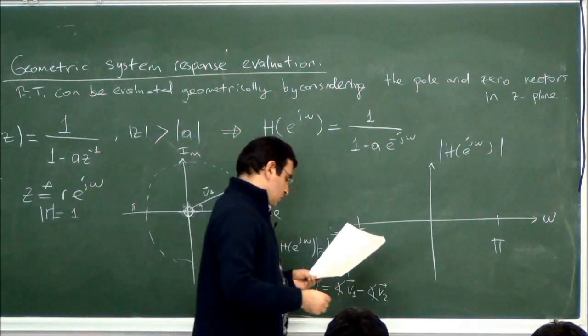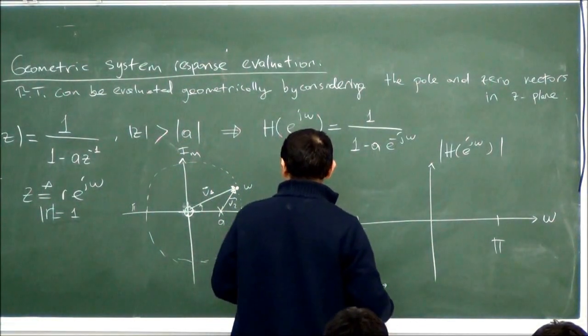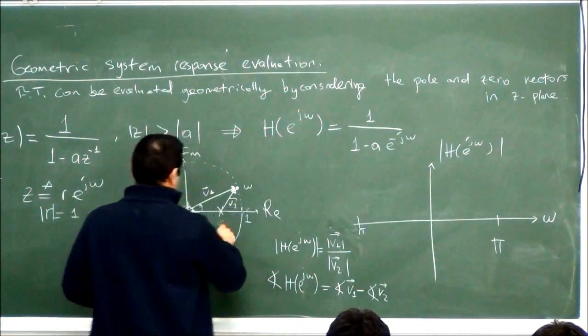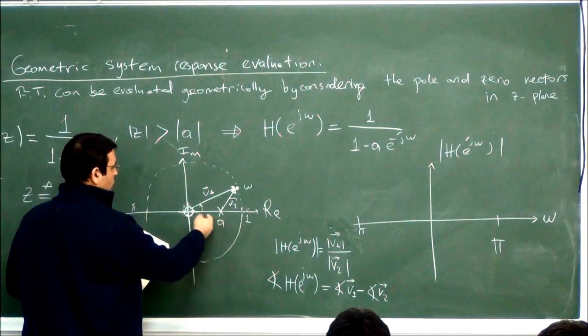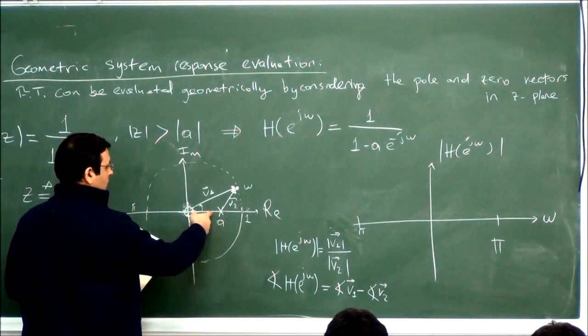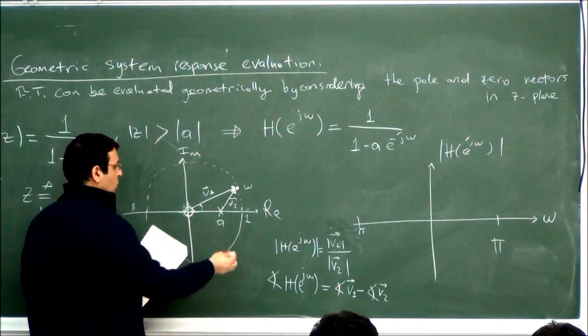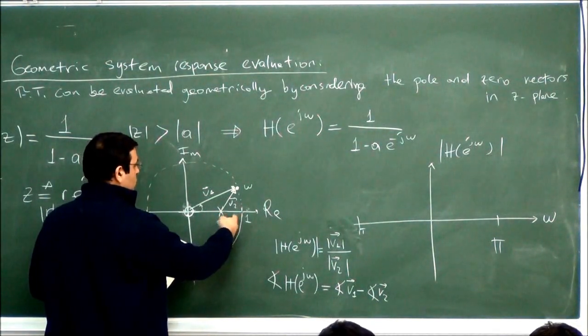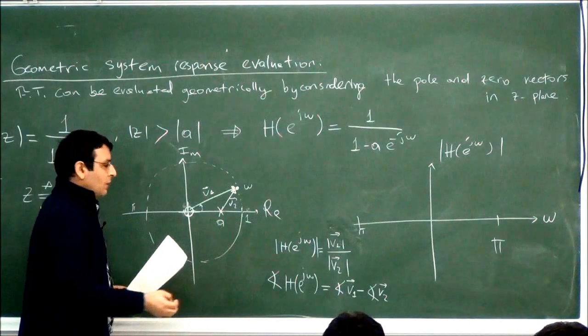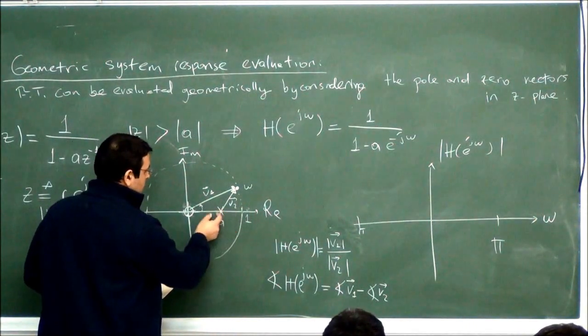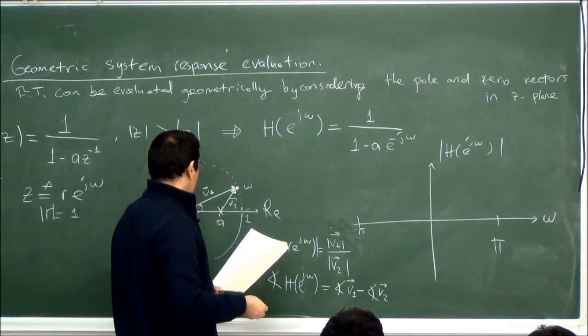Let's try to draw this for this point A. Let's say A is 0.5, so it is at half of this unit circle, and another value for A is 0.95. If you change the point, you will see the response change.